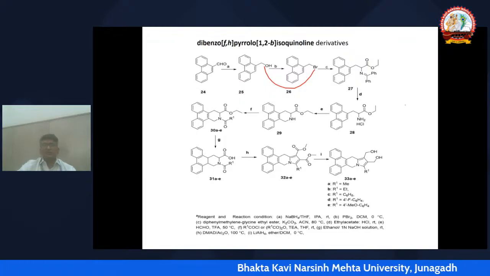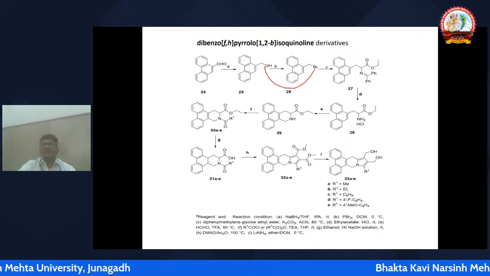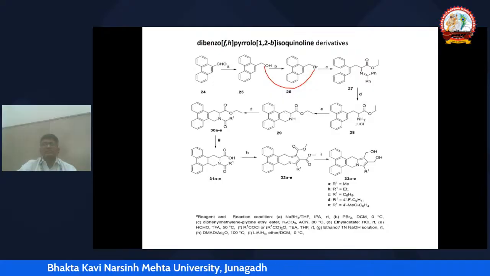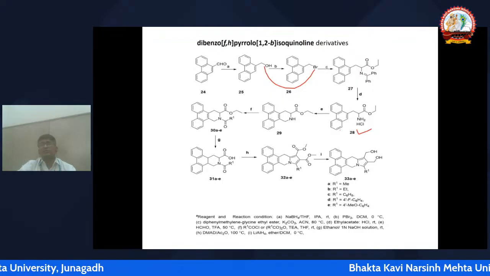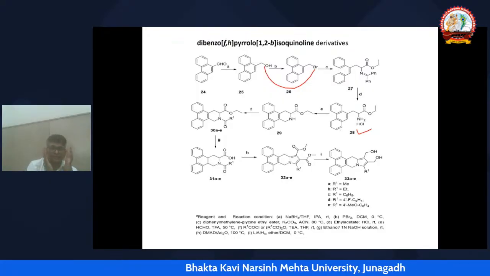Later on, this compound number 27 reacts with hydrochloric acid in ethyl acetate. It gives the amino group, meaning deprotection occurs. Now this compound number 28 reacts with formaldehyde. This is a Pictet-Spengler reaction.